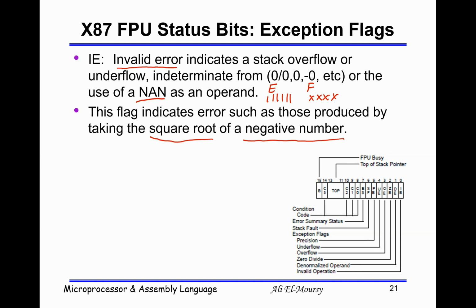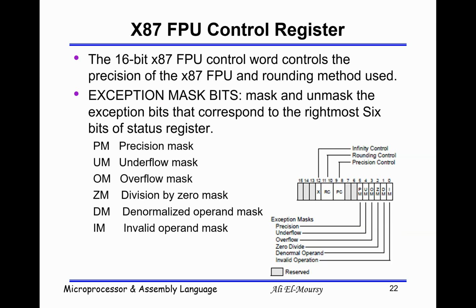The 6 exceptions: precision, underflow, overflow, zero divide, denormalized operands, and invalid operation. Those same 6 exceptions have what we call the exception masks: precision, underflow, overflow, zero divide, denormalized, and invalid operation.